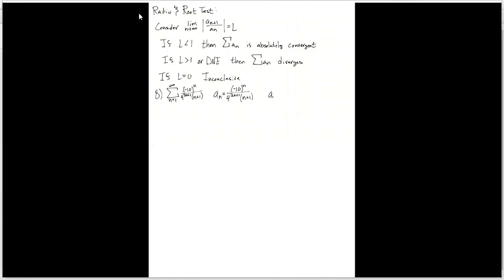And our a_(n+1) is negative 10 to the n plus 1. Now notice that it's 2n plus 1, so if I put n plus 1 into this, I actually get 2n plus 3 and n plus 2.